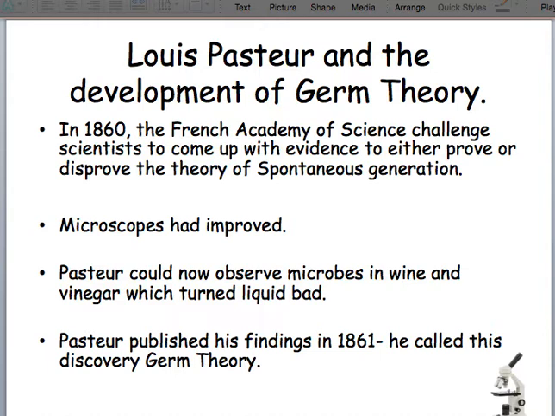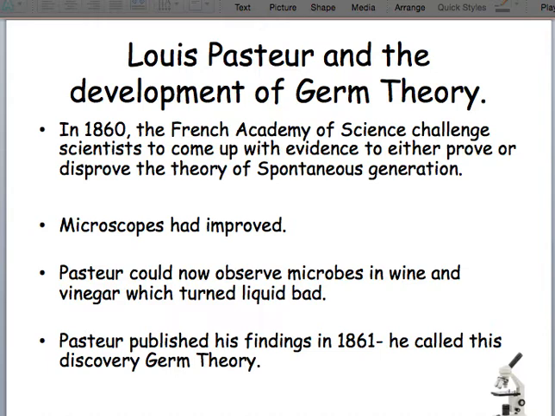So in that time period, so 1861 to 1878, really, Pasteur was just theorising. He was predicting. He hadn't actually grounded it down in practical evidence at this point. So he was making a guess about what bacteria or microbes did.